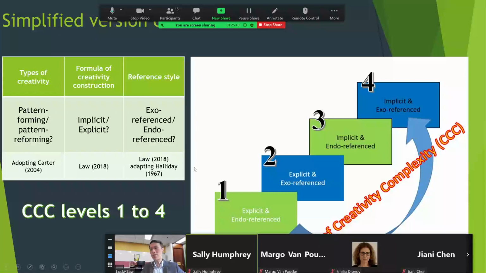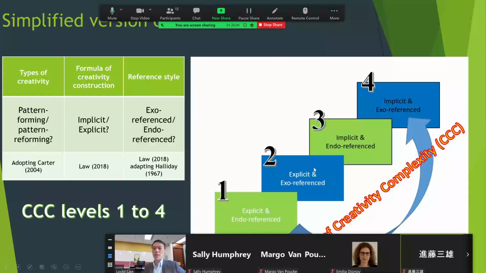Right. So in the CCC, there are 4 levels. What that means is as we go up the climb, it's going to be more difficult for readers to understand. Level 1 is the easiest, when the creativity construction formula is explicit, and references are internal, or if you like, given. Then it's endo-reference, so level 1, the easiest.